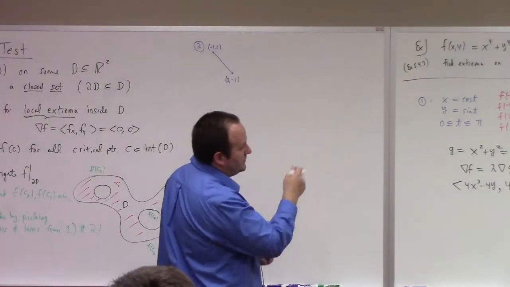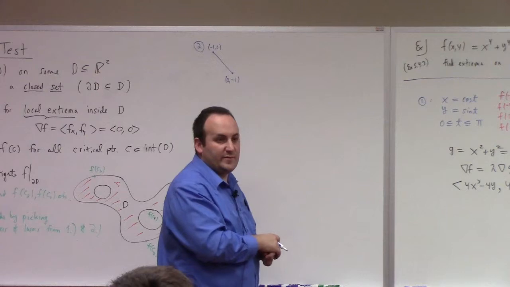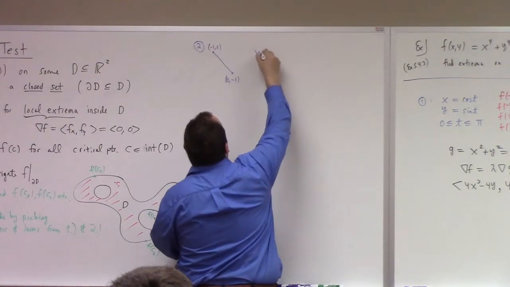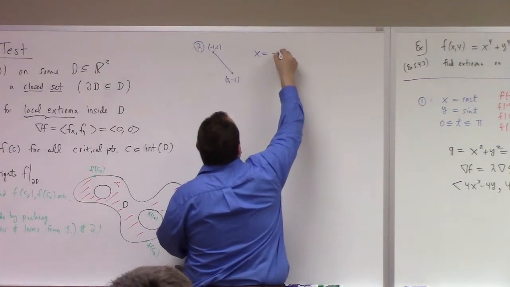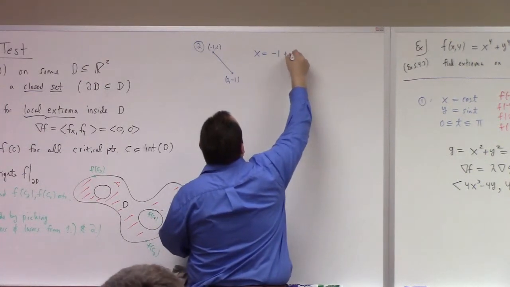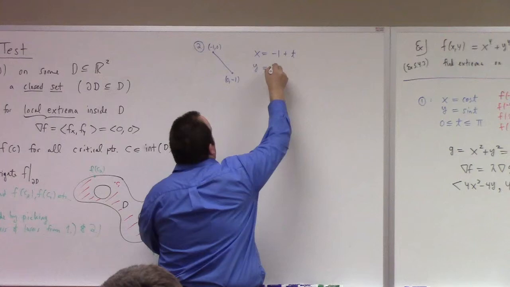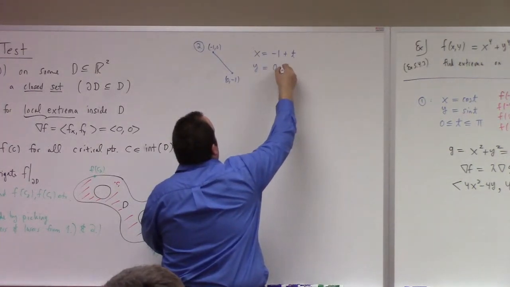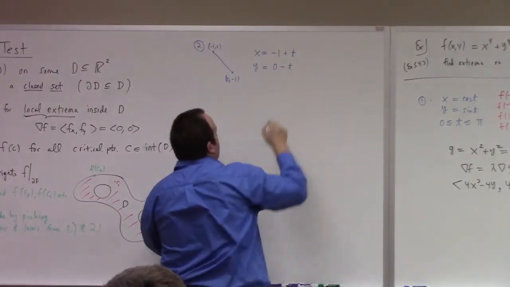for something like 2, I will go with the parameterization of the line segment, which is what? How about minus 1 plus t? And what's y equal to? Do you agree?